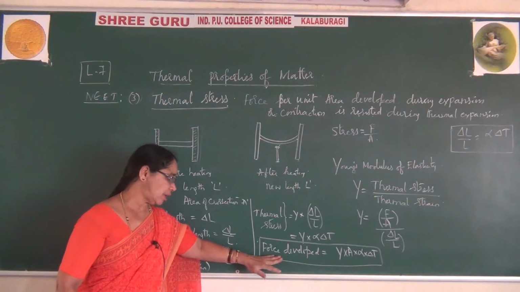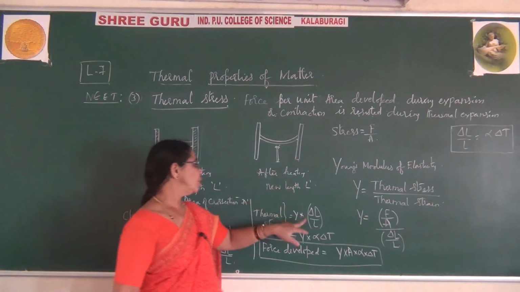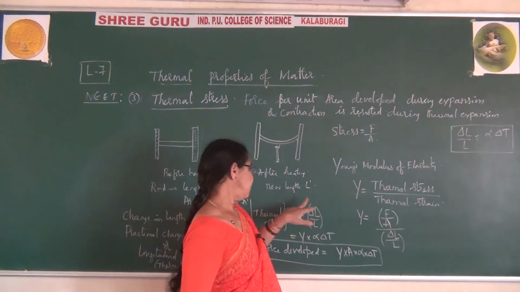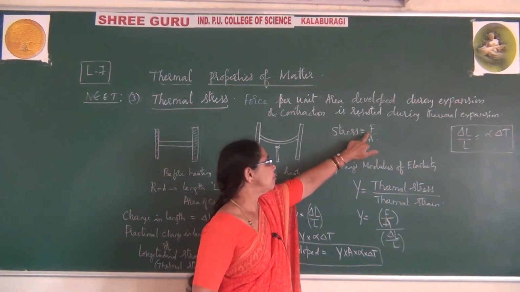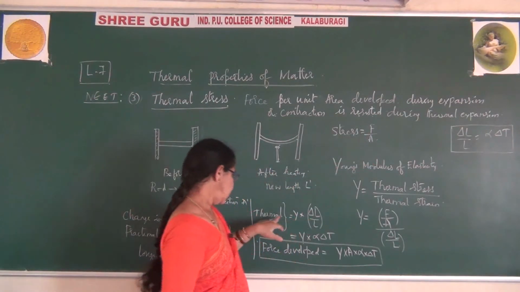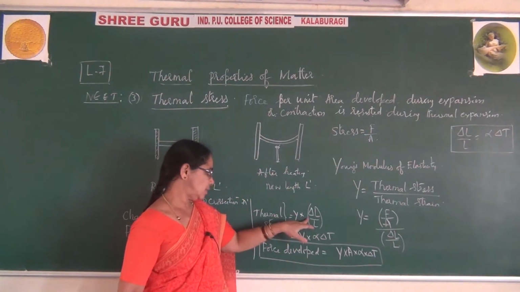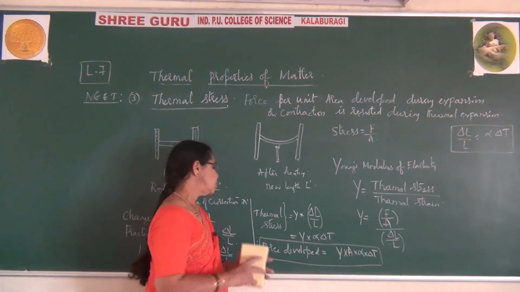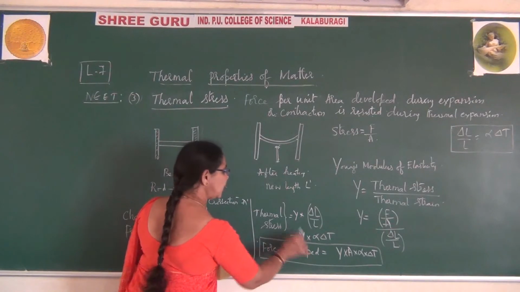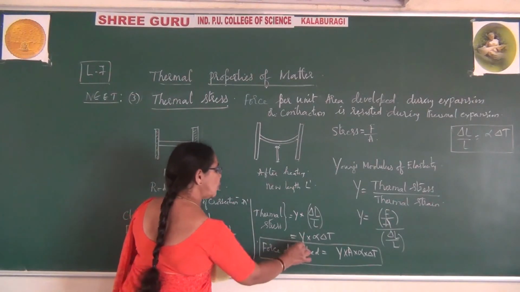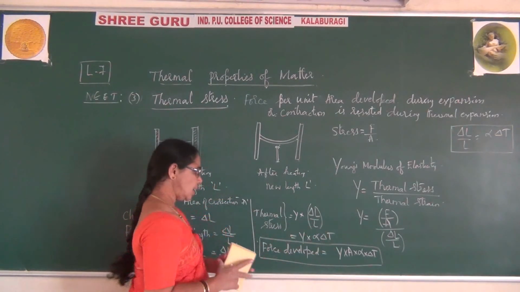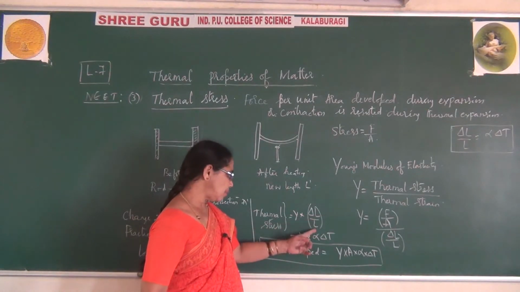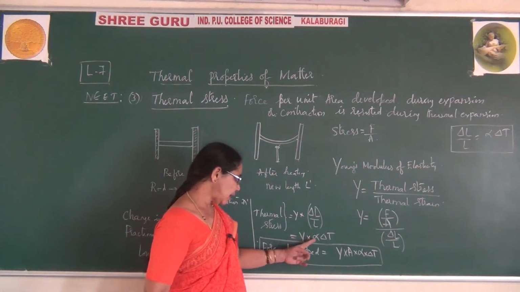This is for force developed, because you know Y is equal to F by A. You can say this is nothing but F by A, stress. So here F by A equals this. Now if you want to say only for F, at that time we write this. So this thermal stress can also be written like this, Y into alpha into delta T, or you can say Y into delta L by L. What do you mean by alpha here?